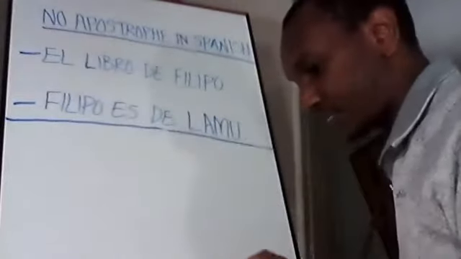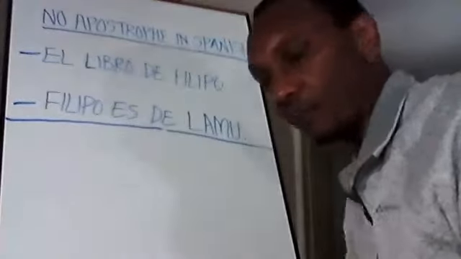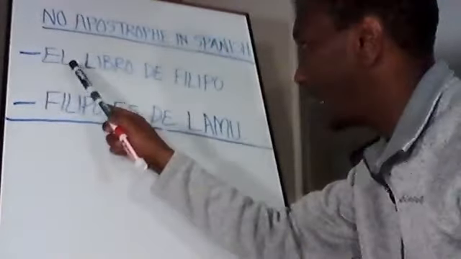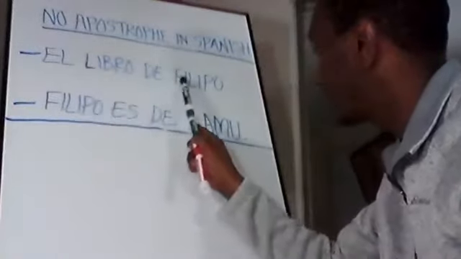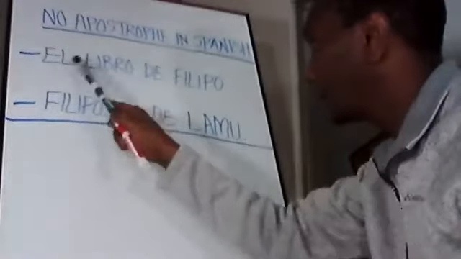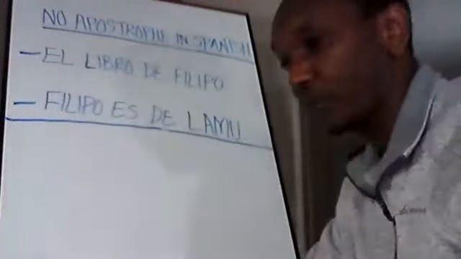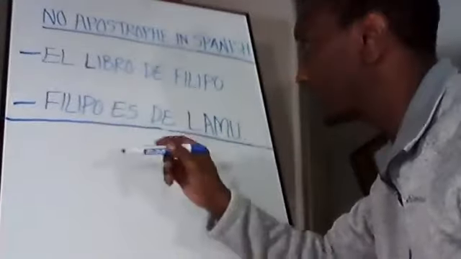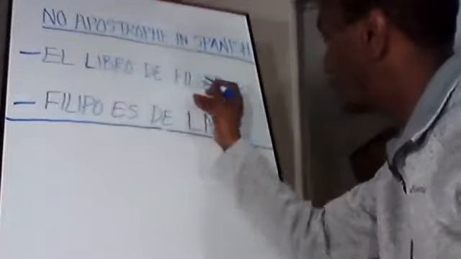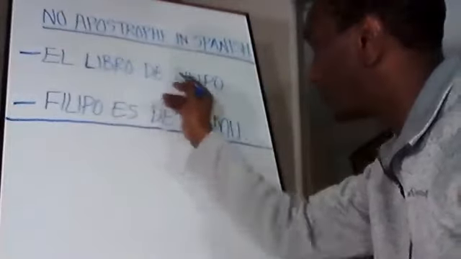If you look at the first sentence on top, it says El libro de Filipo. Directly translated, it means the book of Philip.